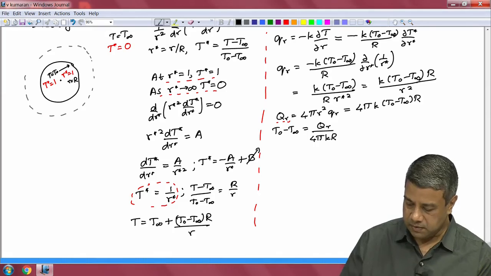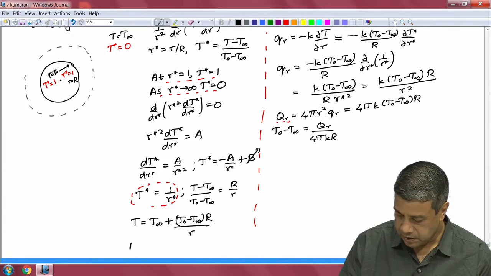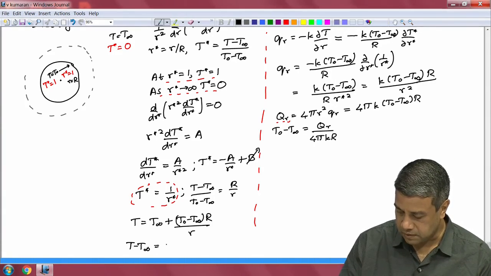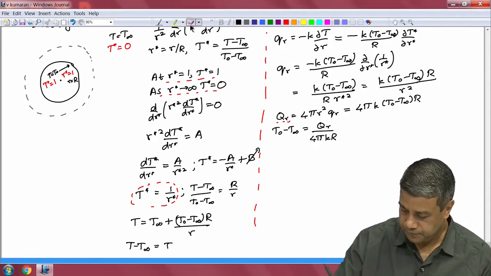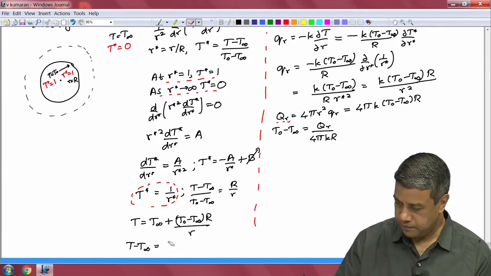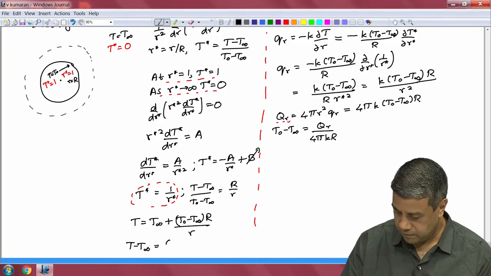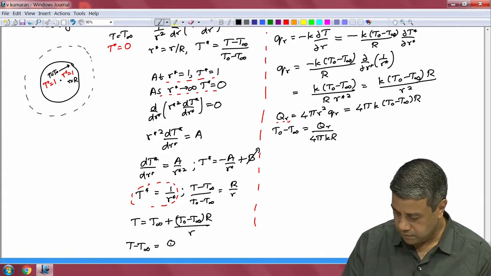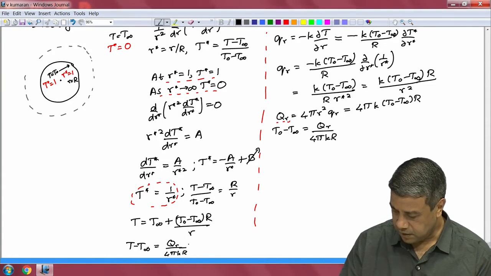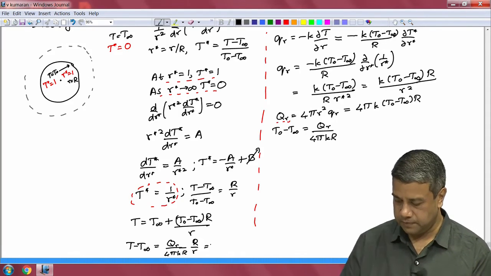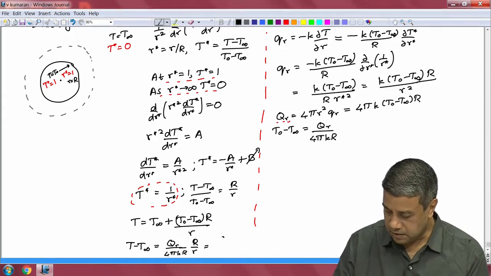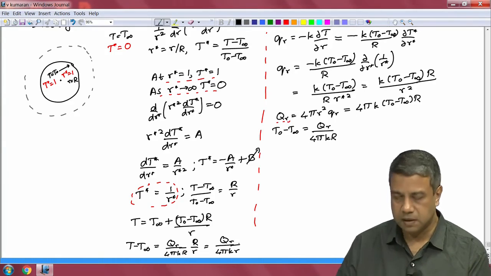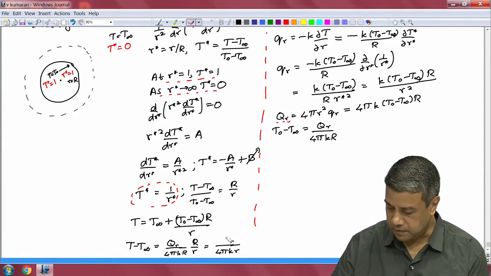Then I will get T minus T infinity is equal to Q, which is the total heat transfer rate, divided by 4 pi k r.